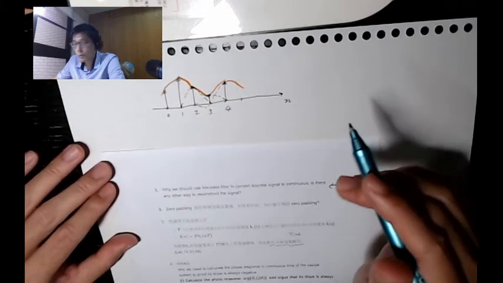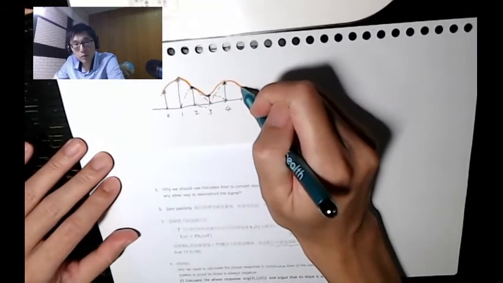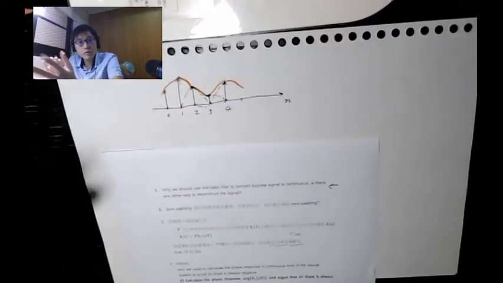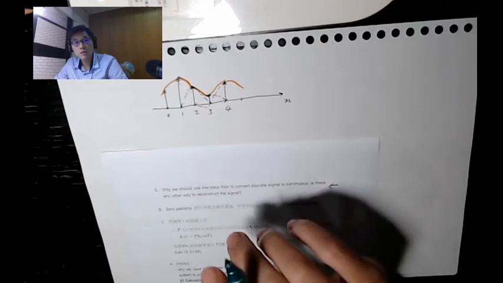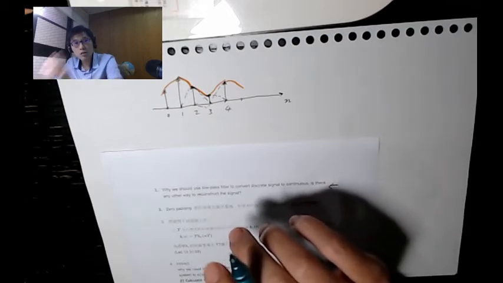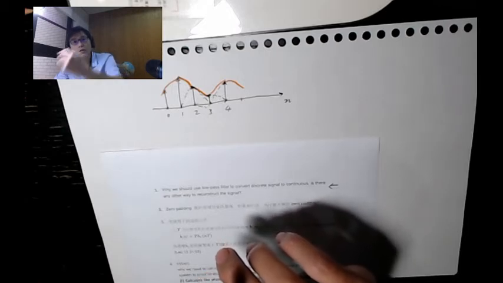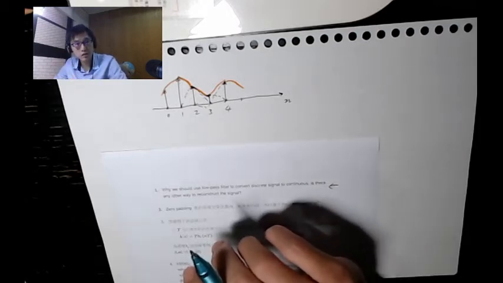Let me put it this way. When we have discrete samples, we know they must originate from an analog continuous-time signal. But from analog to digital, this conversion is many to one, right? And that's exactly the issue of aliasing, right?